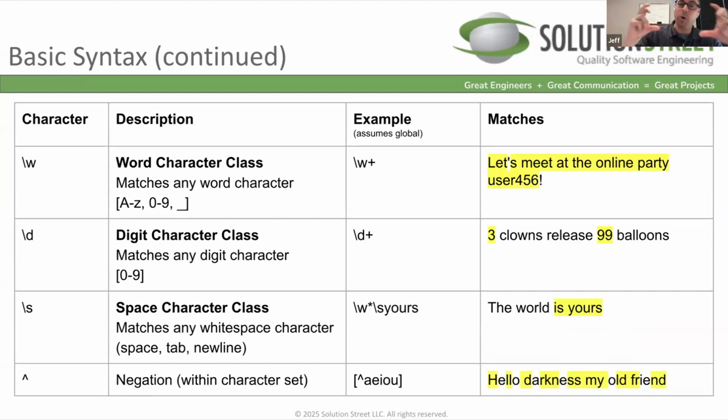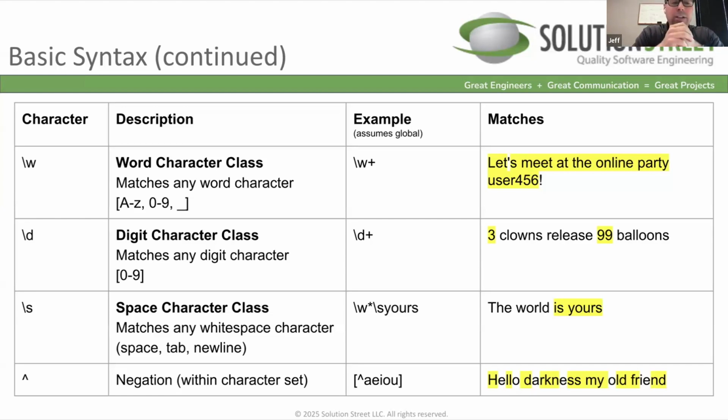Now that we know about square brackets, you can see that generally \w is going to be A to Z, inclusive of capital and lowercase letters, any digit, and an underscore character. So it matches almost everything in that "let's meet at the online party" sentence.